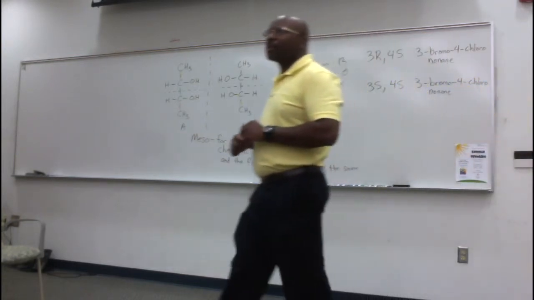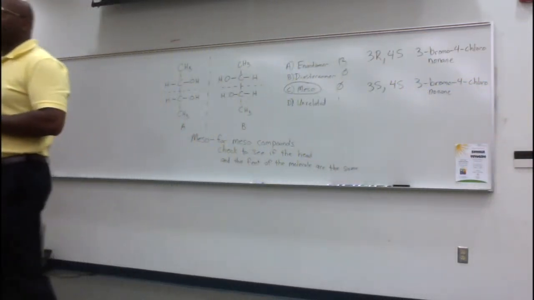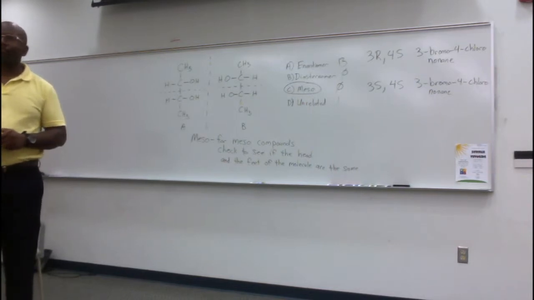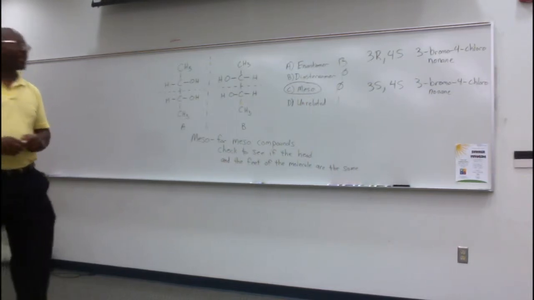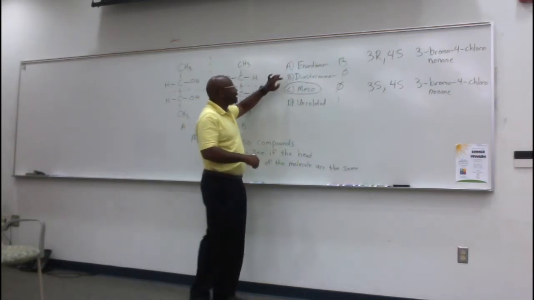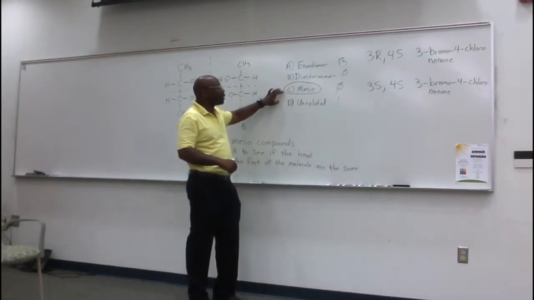What is the relationship between those two molecules? Do we need to draw the molecules in order to determine the relationship between the two molecules? Would the relationship be enantiomers, diastereomers, meso, or unrelated?